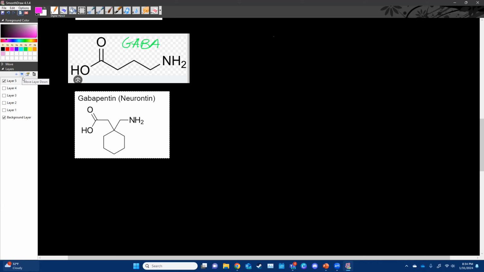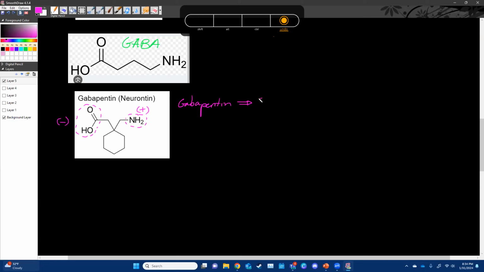The biggest thing about gabapentin to remember is that the carboxylic acid here will form a negative charge, whereas the amine will form a positive charge at the same time, which means that gabapentin, when it's in our body, forms that Zwitter ion, which again, this is when the molecule itself is charged, but the overall charge of the molecule is neutral.